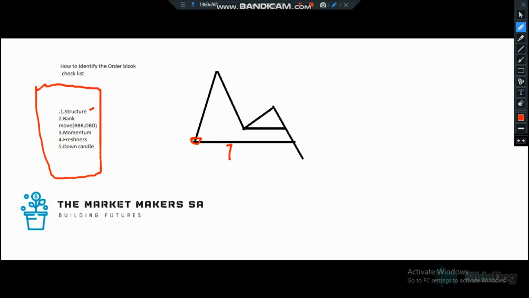Then we look for our bank move, our rally base rally, or drop base drop. And you see our drop base drop with structure breakers there, mitigation block, structure breaker there. Next, we look for momentum away from this area. So we're usually looking for rapid candles, those news candles, rapid candles away from that area.